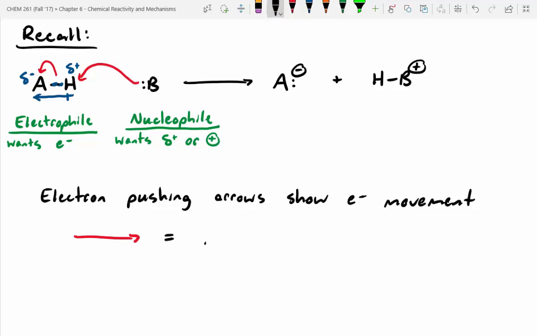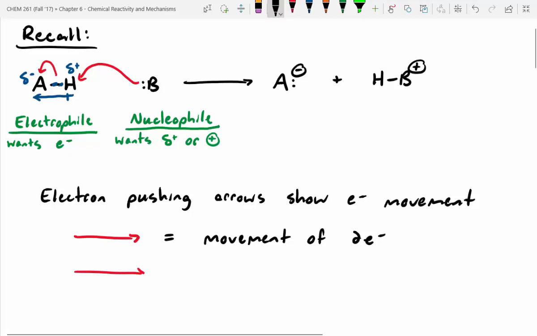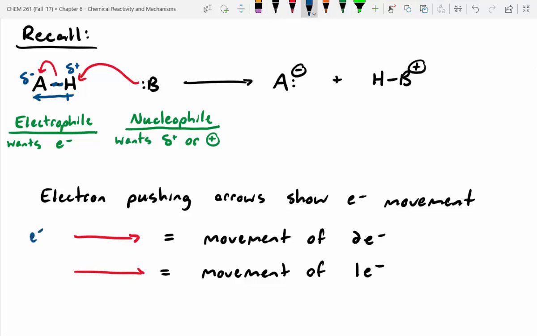That's the same thing as showing the movement of 2 electrons. So for example, in our acid-base reaction, the lone pair was 2 electrons, so the arrow coming from it is going to be double-headed. You do have other examples where you have a single-headed arrow, and this refers to movement of one electron.